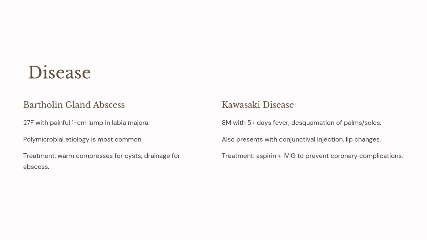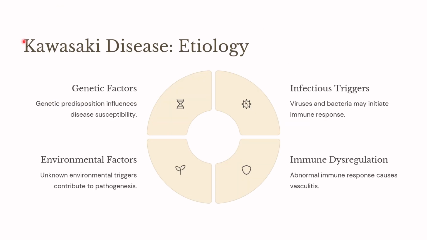Why? This is because, I will tell you in detail about the etiology of Kawasaki disease. Kawasaki disease generally is because of an abnormal immune response causing vasculitis. So when there is an abnormal immune response, aspirin helps to treat vasculitis to some extent.